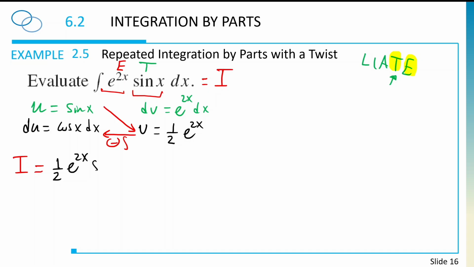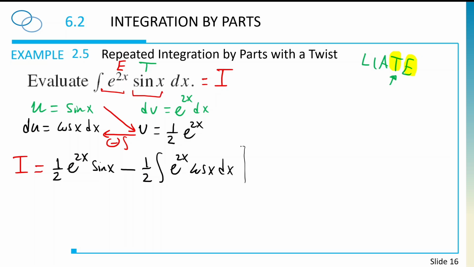E to the power of 2x sine of x, negative, again, don't forget my advice. Negative, is there any other negative? No, so it's only one negative. The integration of half, remember half is a constant, I can just take it out of the integration just to make it easier. E to the power of 2x cosine of x dx.